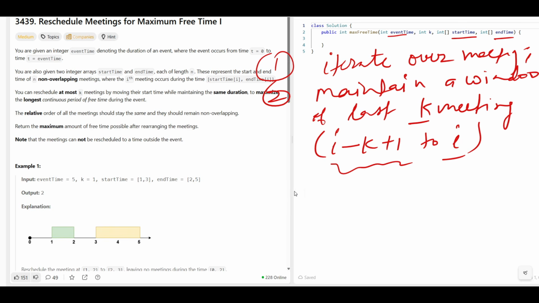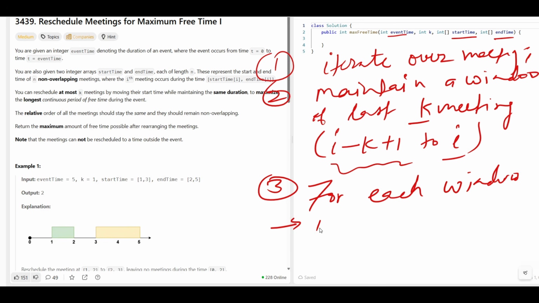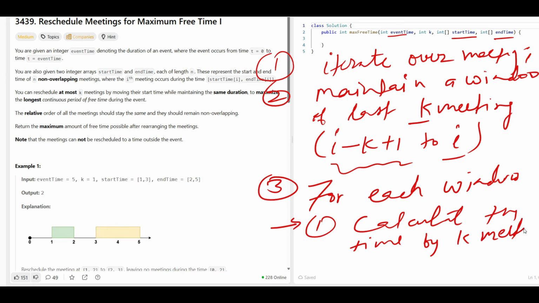And for each window, we'll calculate the time taken by the k meetings, and we'll calculate the interval right minus left. For each window, we calculate the time taken by the k meetings, let's say t.